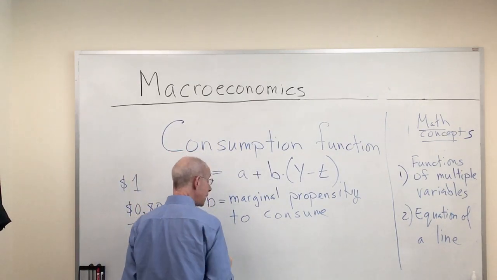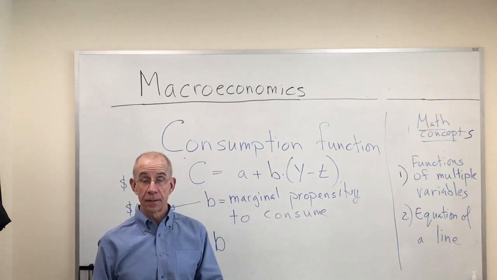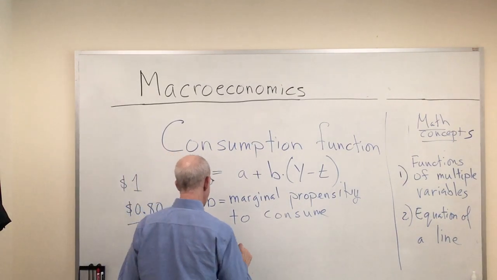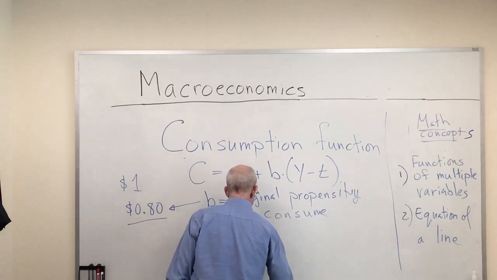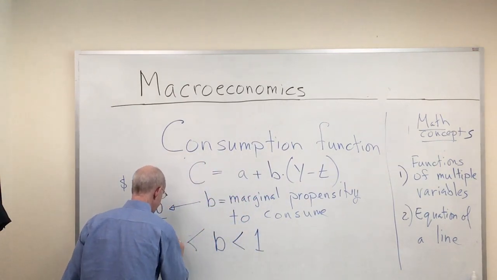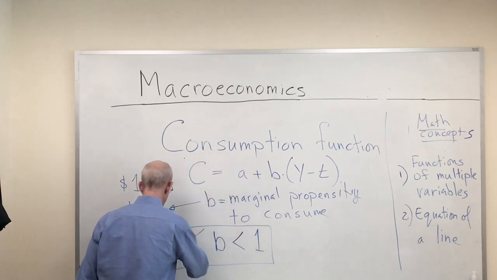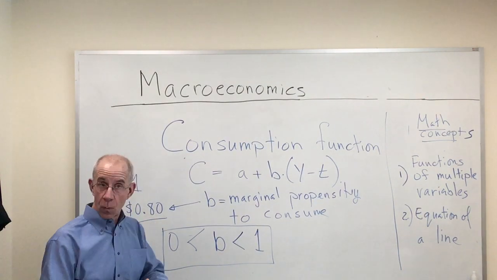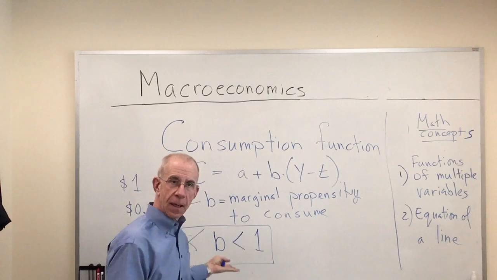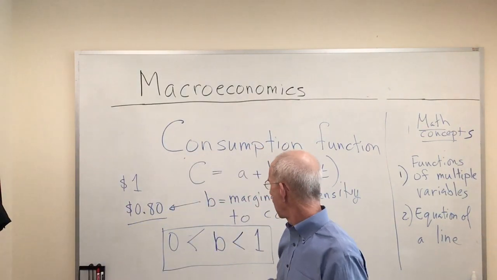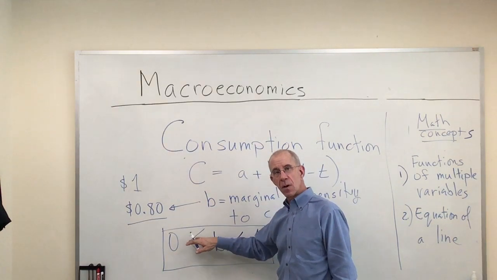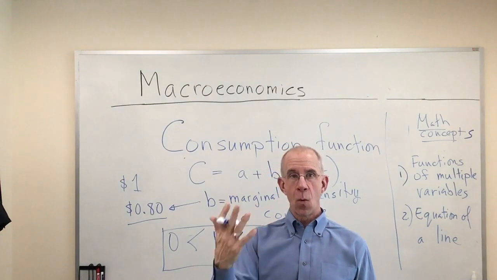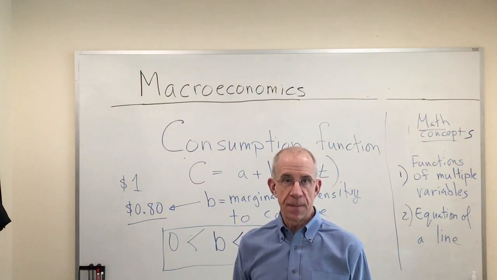Now, one thing about B: since you're talking about how much of your income you will spend, B is going to be a fraction between 0 and 1. It would be 80%, 0.8, or 0.9, or 0.5, whatever. But it's going to lie somewhere between 0 and 1 by assumption. So we're saying that you're not going to consume more than the income that you've got.